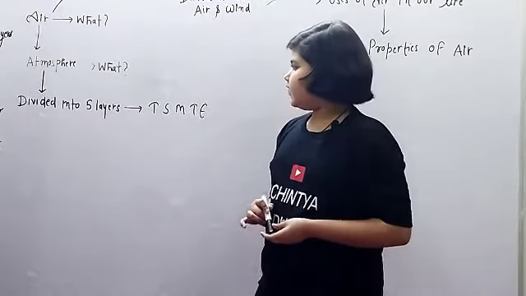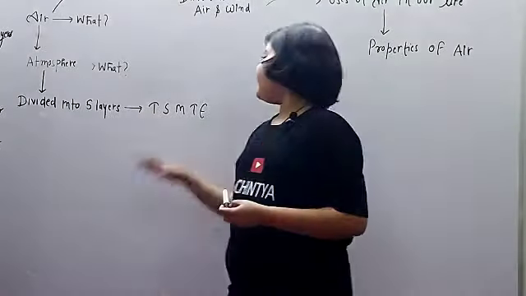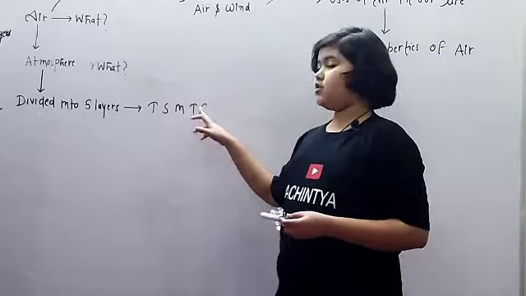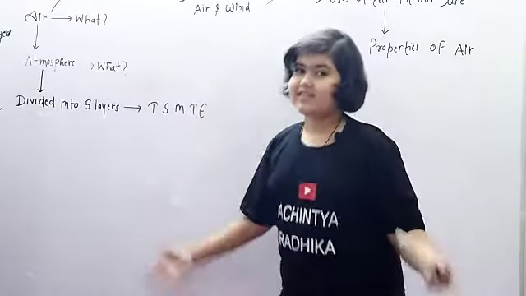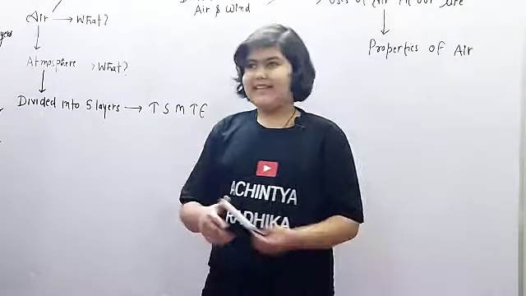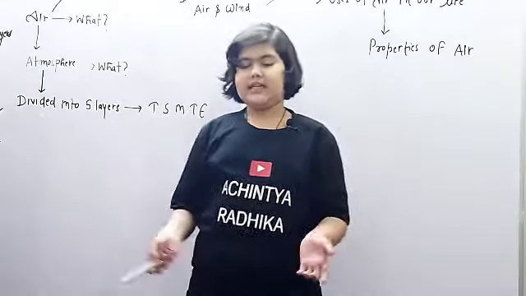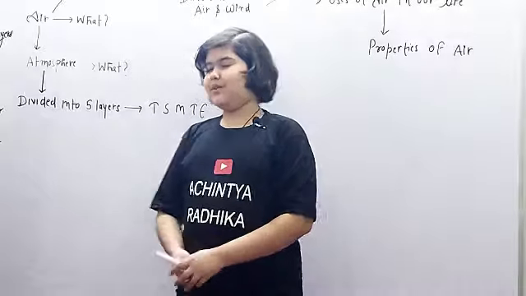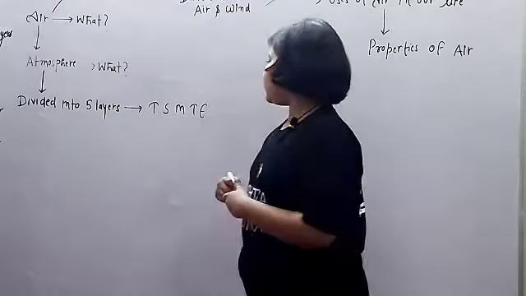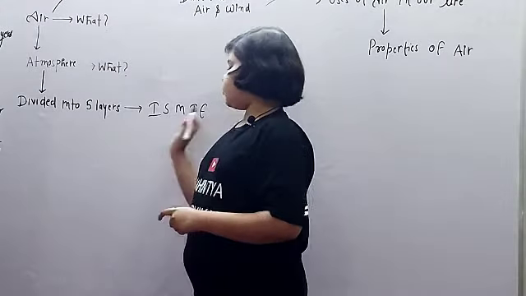What are these 5 layers? These 5 layers are troposphere, stratosphere, mesosphere, thermosphere, and exosphere. Don't worry, these names only seem difficult, but they're really very easy, and I'm going to explain them to you all. So the first one is troposphere.